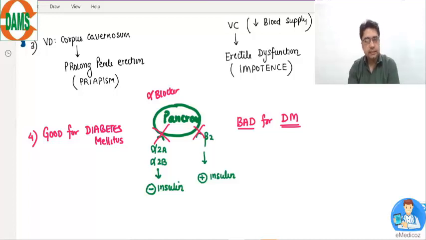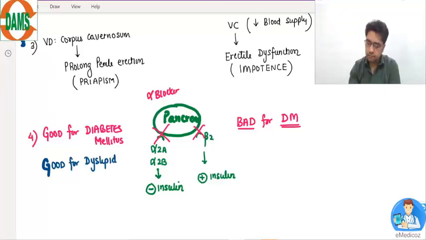Similarly, we will write that alpha blockers are good for dyslipidemia. Dyslipidemia means when the bad lipid level in our body increases.